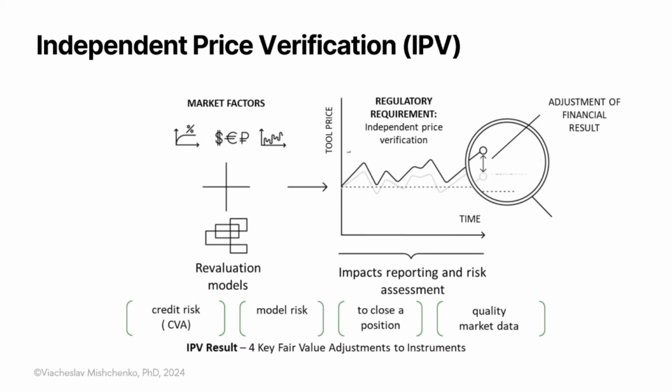And then we assess the quality of our market data. In illiquid markets, for example, this can be particularly challenging. Then we usually make adjustments for things like model risk and credit risk by means of CVA, credit value adjustment, but we will get back to it further.